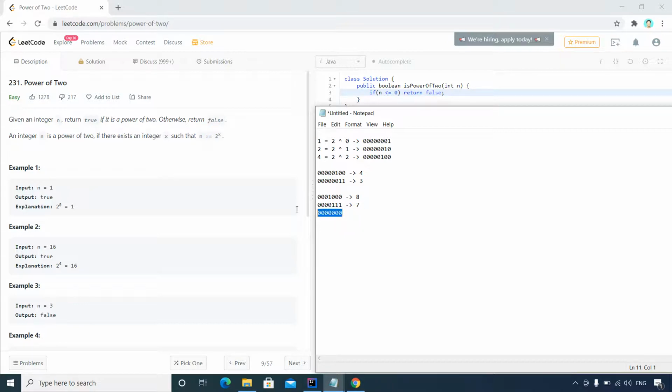And if we get 0, it means that it is a power of 2, because if there was an extra 1 and we subtract 1, we will get something like this.